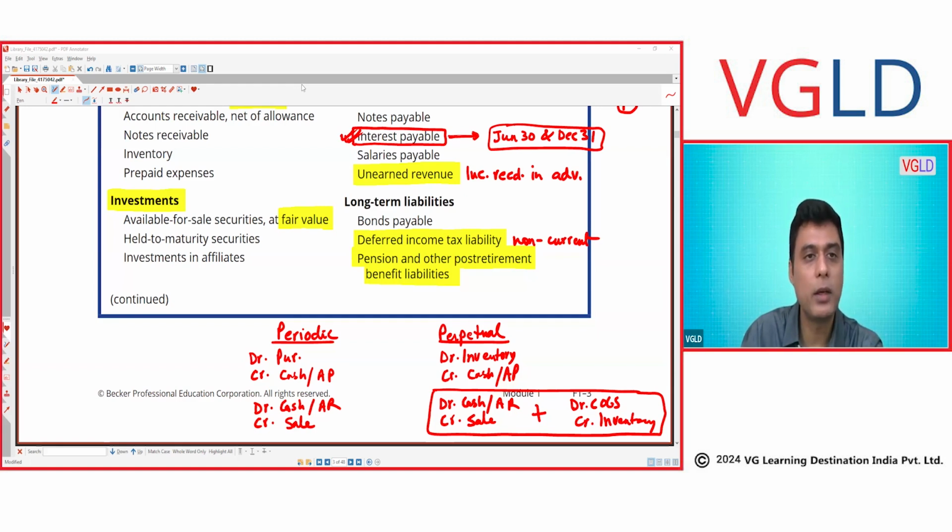Discontinuing operations, Pragya, is net of tax. Yes, it is a net concept, net of tax, because we are showing straight away the income or loss from operations. We are not showing revenues and expenses.